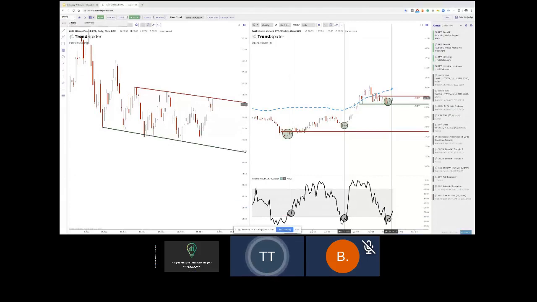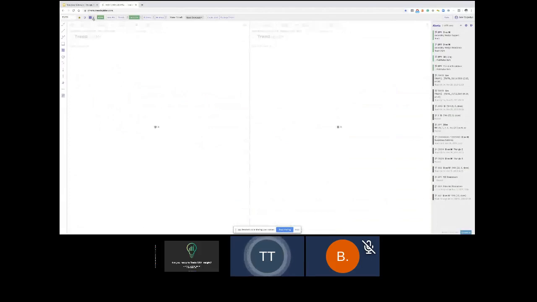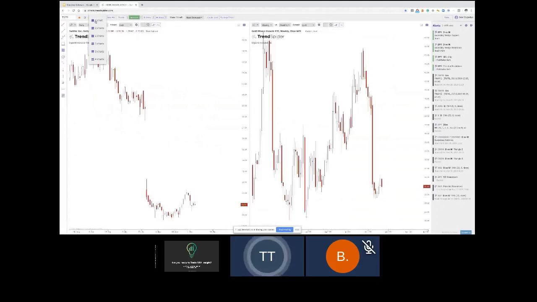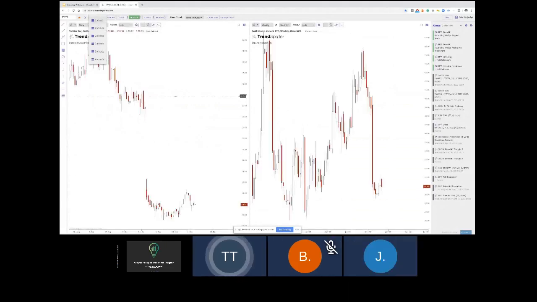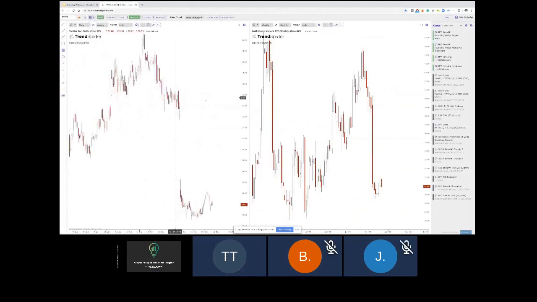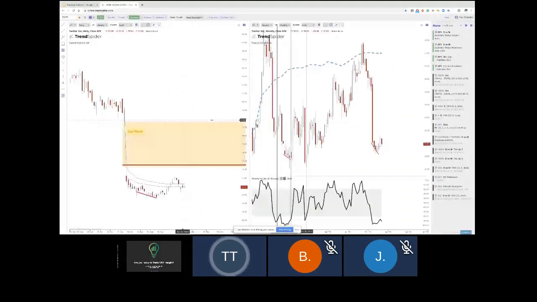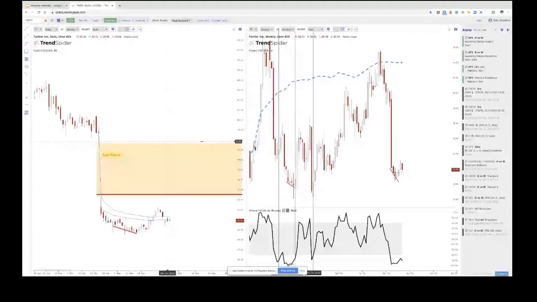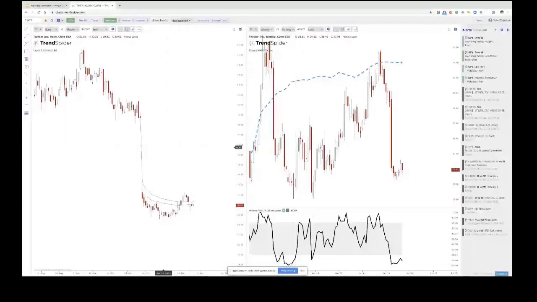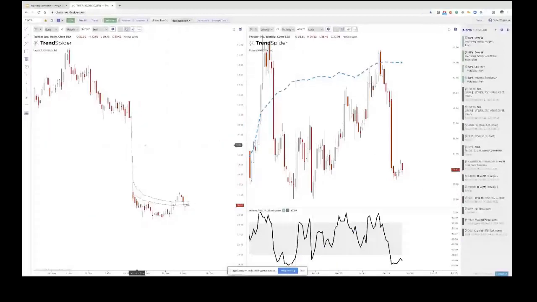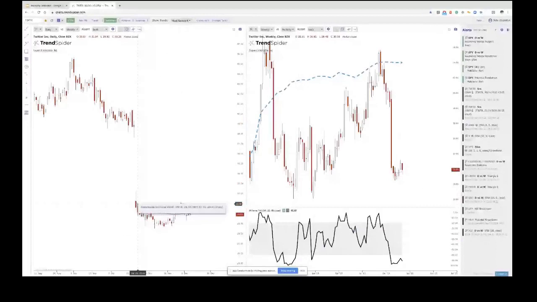So let's just go to a random stock. Let's just do Twitter here, and we'll pull up the auto Fibonacci level. Just like any other level that trends find, these levels are a function of whatever you're really looking at on the chart. For example here, let me remove the Anchored View app.